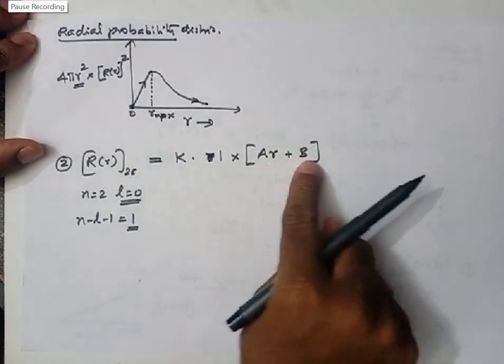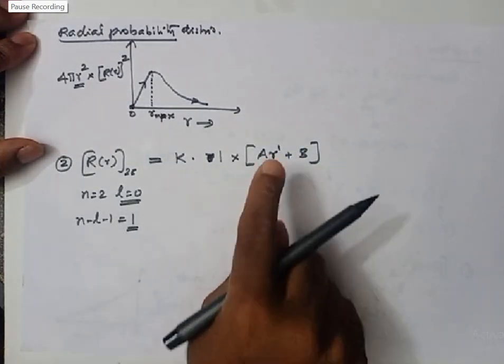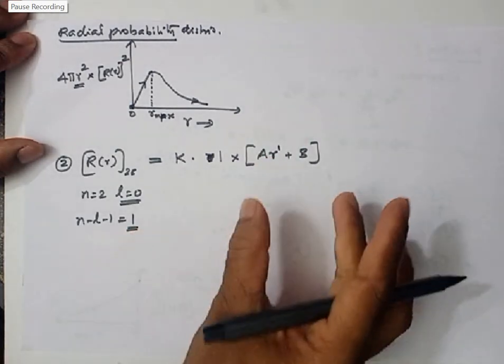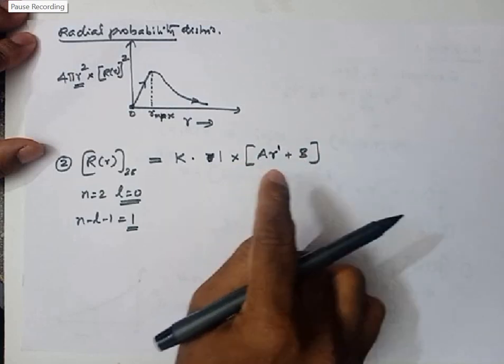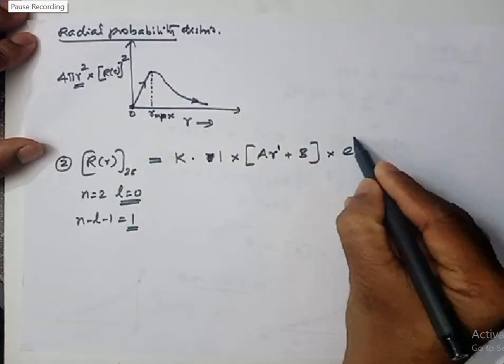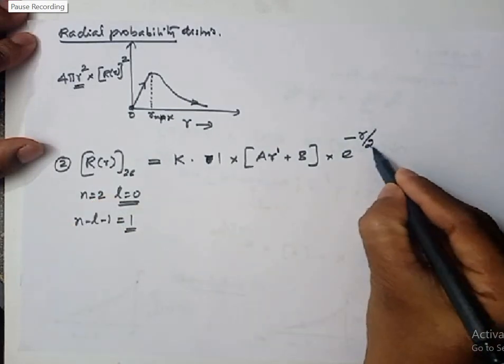Whenever the degree is 1, you write the polynomial in this manner, a into r plus b. Then we have an exponential term, e power minus r by n a naught, where the principal quantum number is 2, so 2a naught.